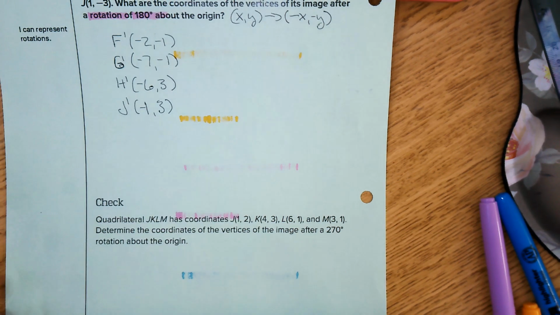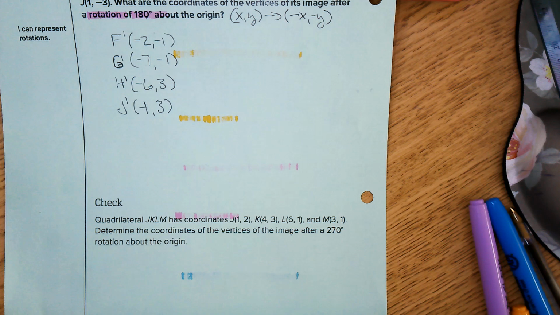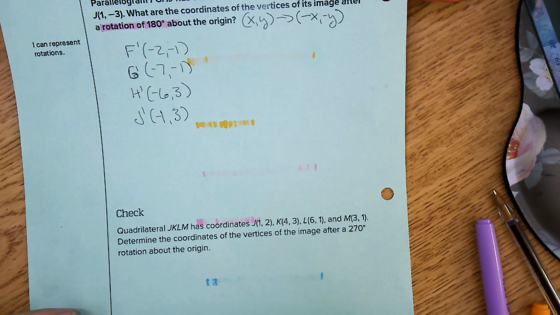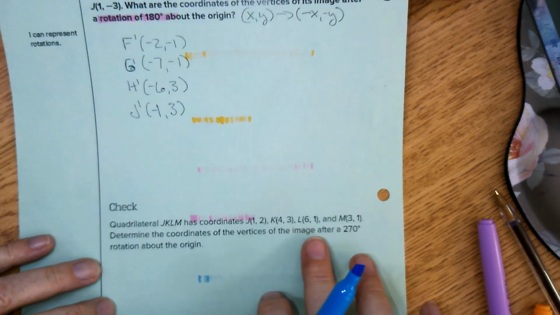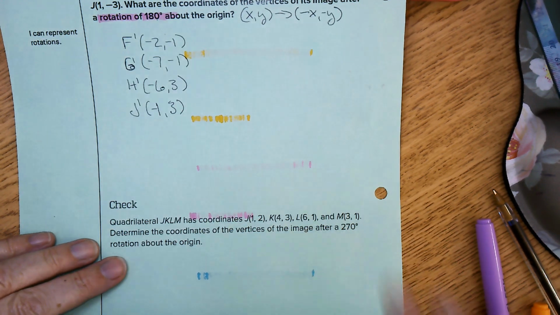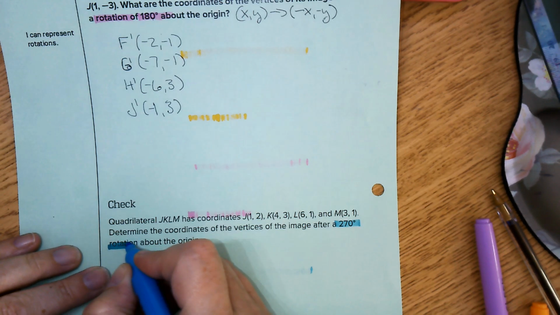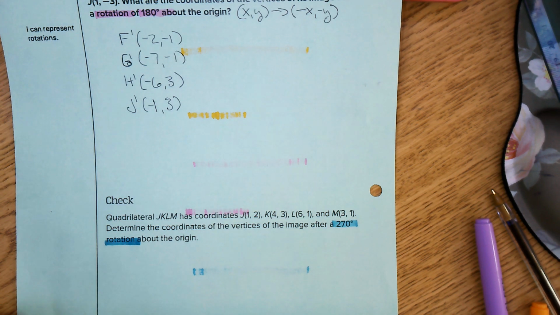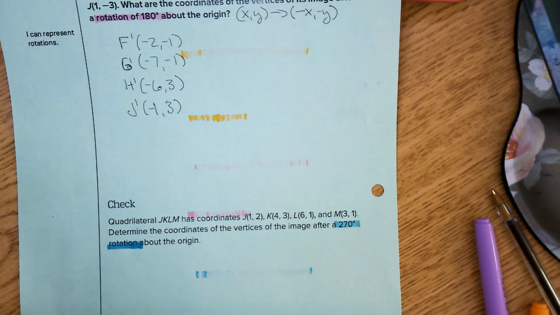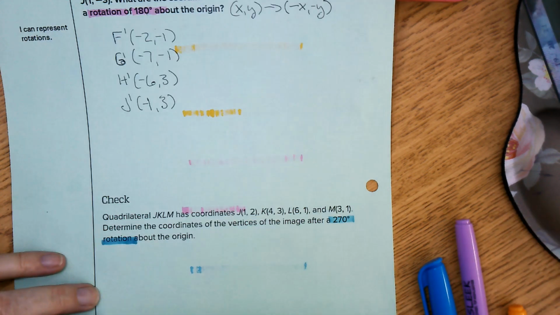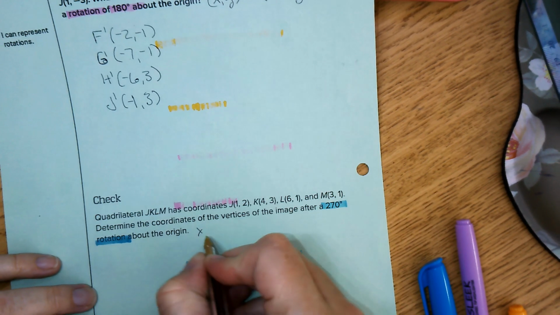Let's do it again. All right, so I have some coordinates of a quadrilateral, and what does it want me to do? The vertices of the image, 270 rotation. Okay, 270 rotation about the origin. This one doesn't tell you counterclockwise. We assume it's always counterclockwise in my classroom, unless told otherwise.